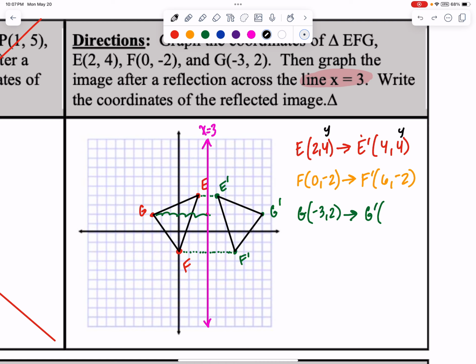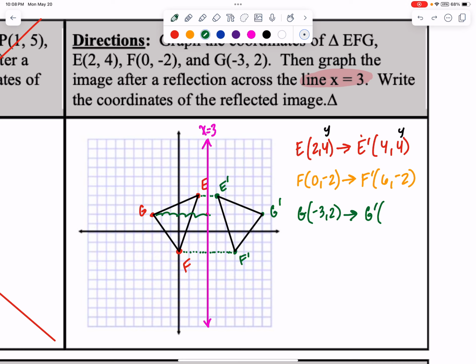Now we're not just flipping the sign for the X for these ones, because we're not actually flipping on the Y axis. Because we're flipping over a different value, that one's a little bit different. So just be aware of that.